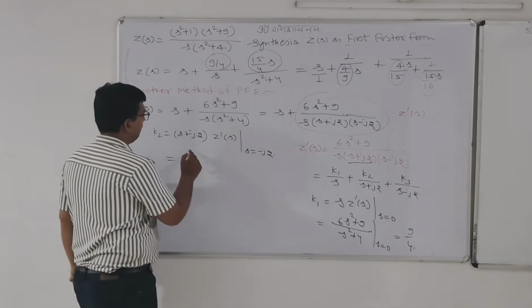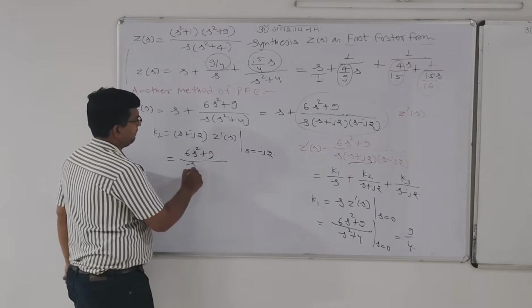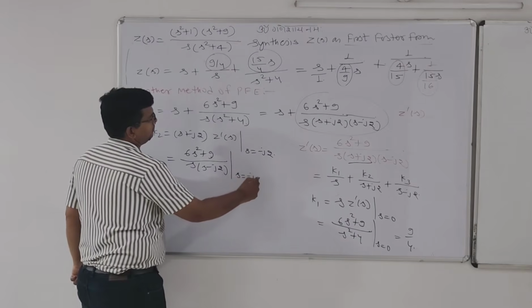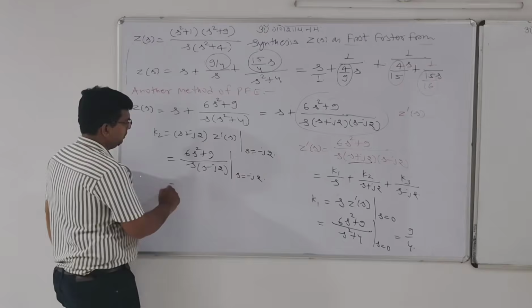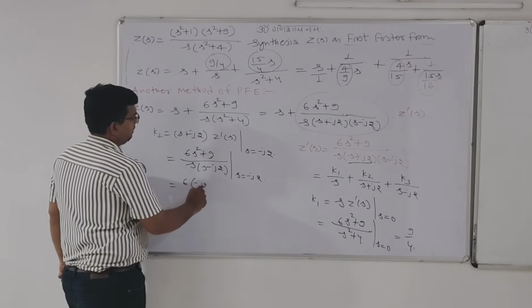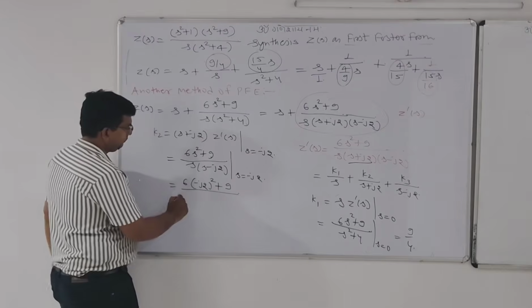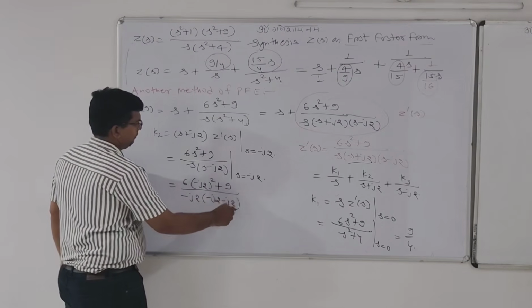So what does the term become? 6s square plus 9 upon s into s minus j2, putting s equals minus j2. We put this value here: 6 into minus j2 whole square plus 9 upon minus j2 into minus j2 minus j2.